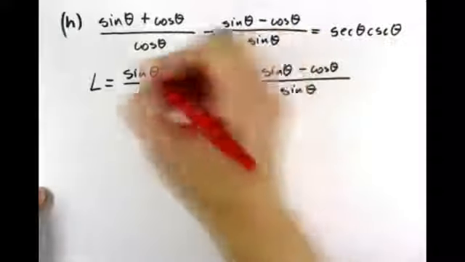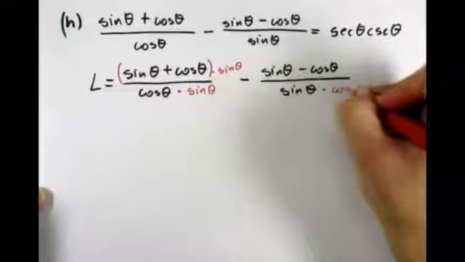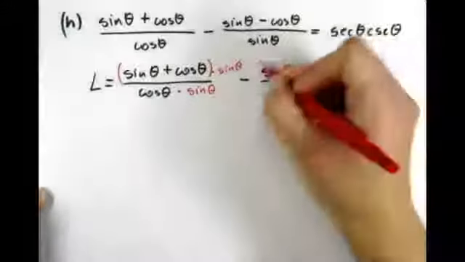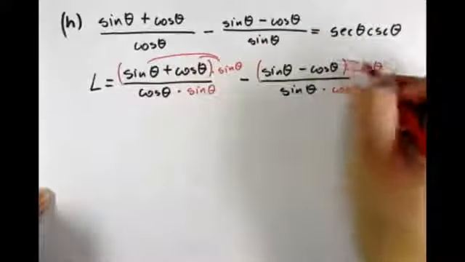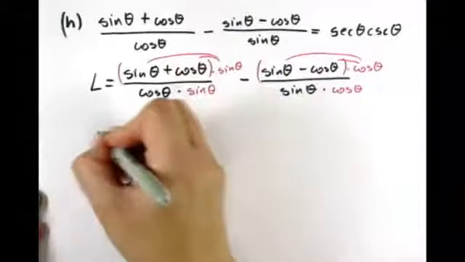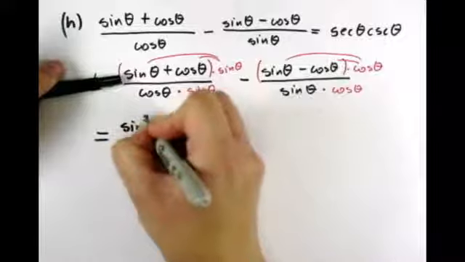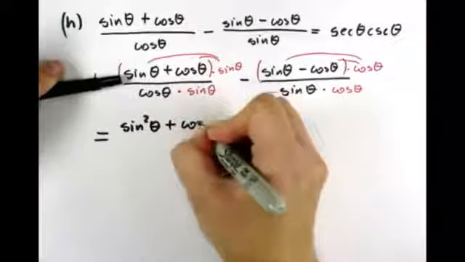But we do need to multiply everything. And this would be times cos. But we do need to multiply everything. So we do need to distribute this one and pay attention to the minus as well. So what we have? We have sine times sine is sine square theta. Sine times cos is cos sine.